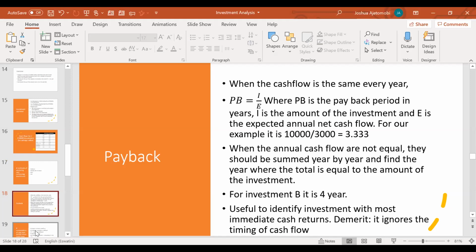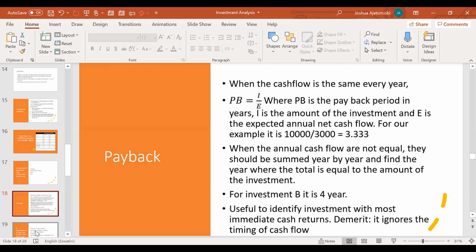But in the second one, that is investment B, the cash flow is not the same every year. It's 1,000, 2,000, 3,000, 4,000, and 6,000. In that case, you have to use what is called a cumulative sum.